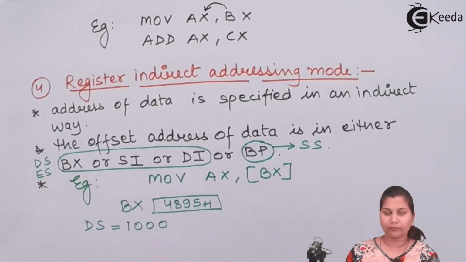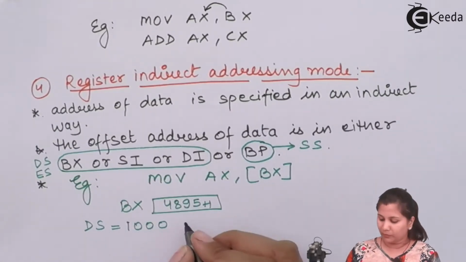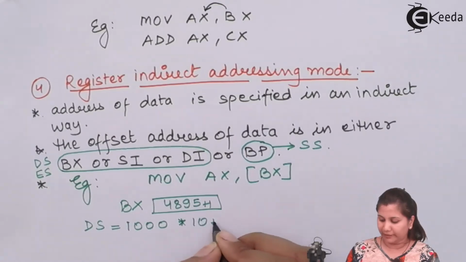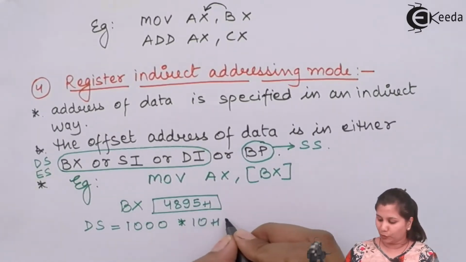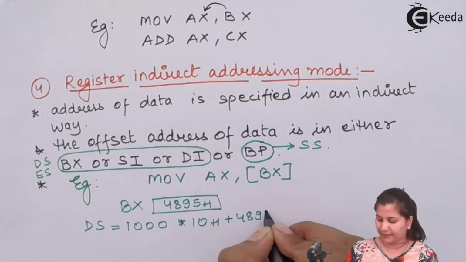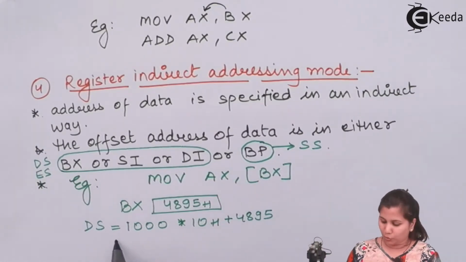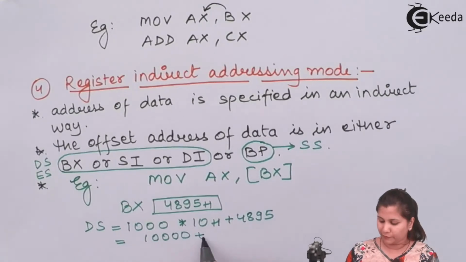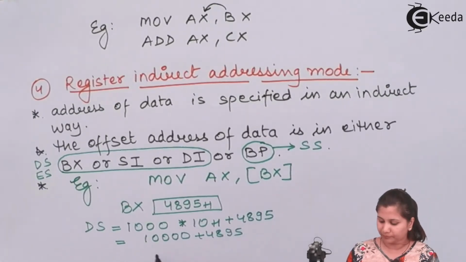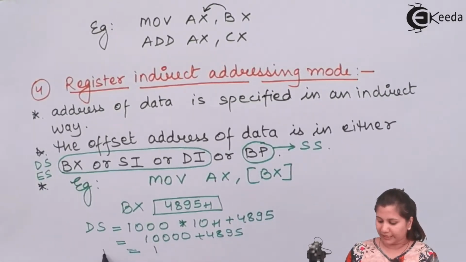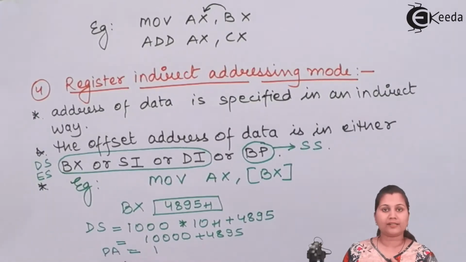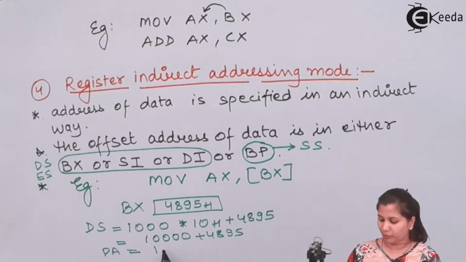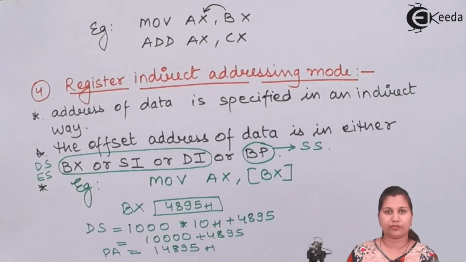So suppose the data segment is initialized at 1000. So 1000 will be multiplied with 10H, and then this 4895 will be added. So what we will get? We will get 10000 plus 4895. So our physical address, that is the address of the memory location, will come out to be 14895H.